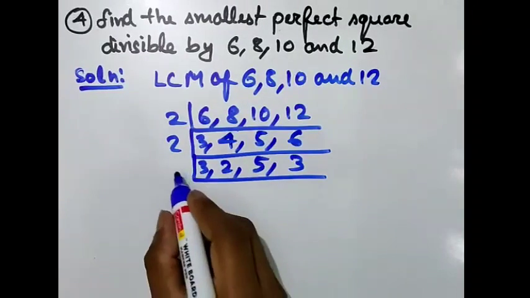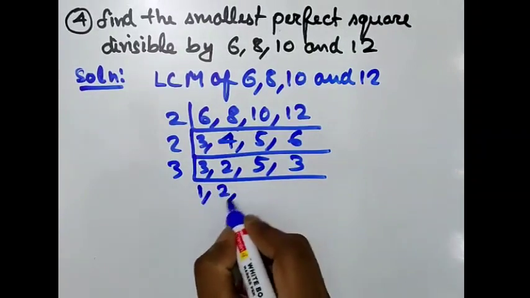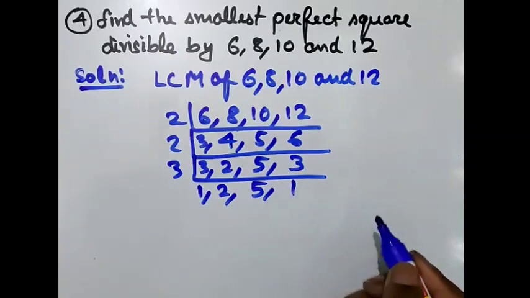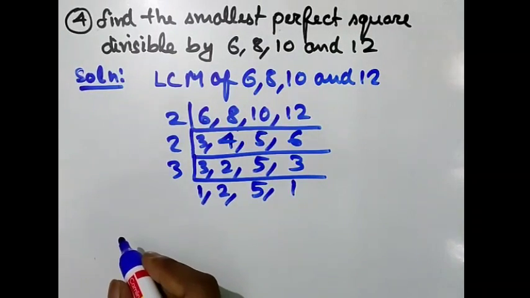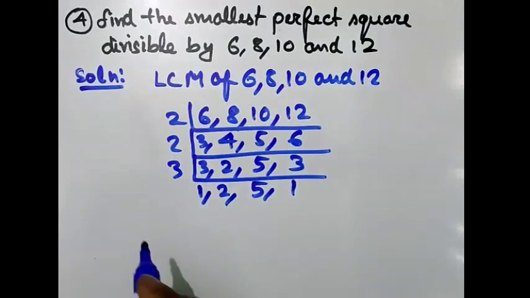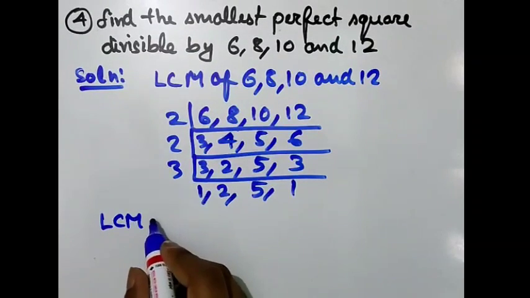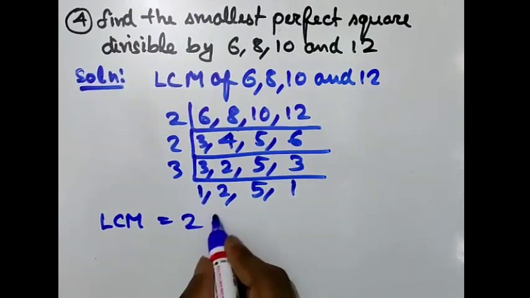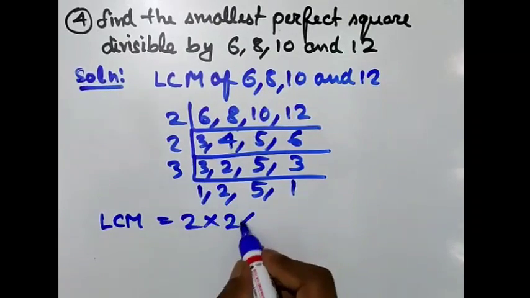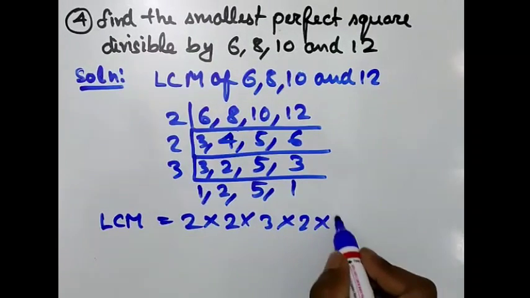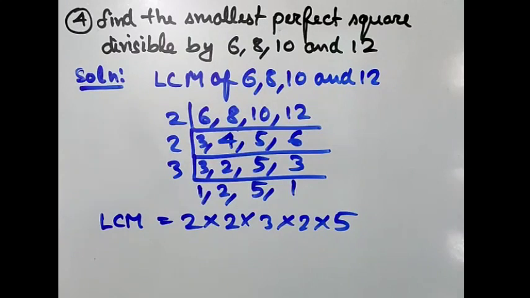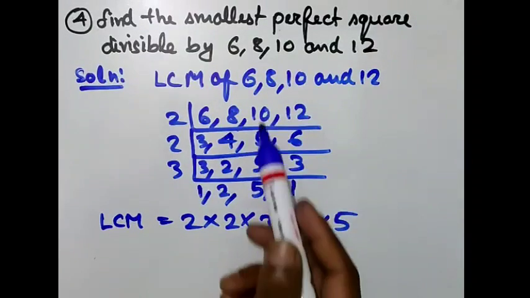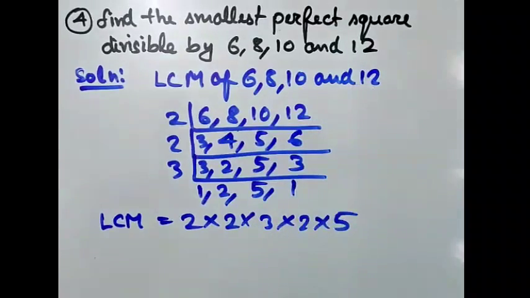Now 2 cannot go, so 3 ones are 3. We'll bring down 2, 5 and 3 ones are 3. So LCM is equal to 2 times 2 times 3 times 2 times 5. Now with the help of this only we'll be able to find the smallest perfect square number that will be divisible by 6, 8, 10 and 12.